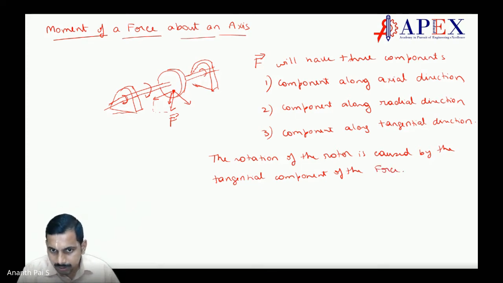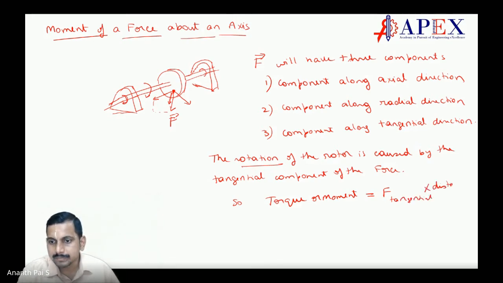So tangential component of force causes the rotation. So torque or moment is equal to force F tangential into distance. What distance? Distance where the force is acting, perpendicular distance. Makes sense?